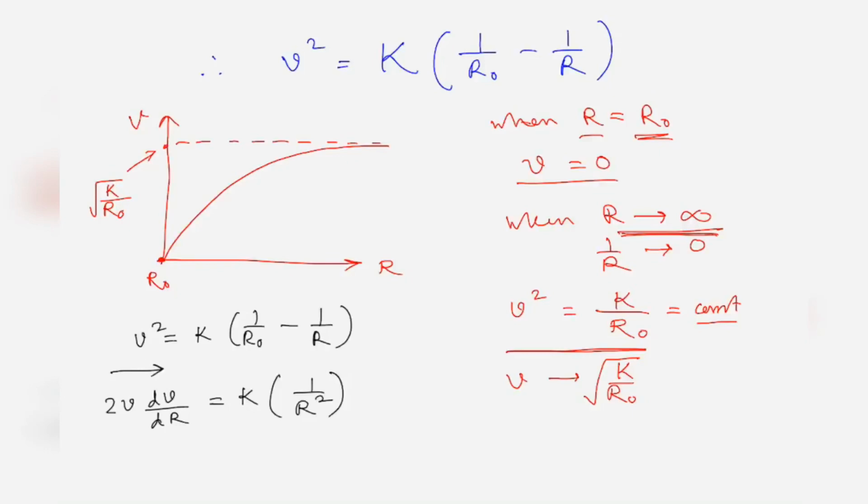Therefore the slope of this plot, dv by dr, will be k by 2v r square.